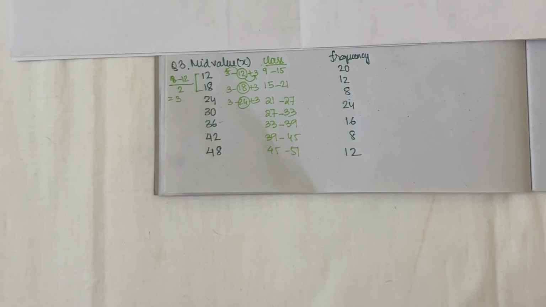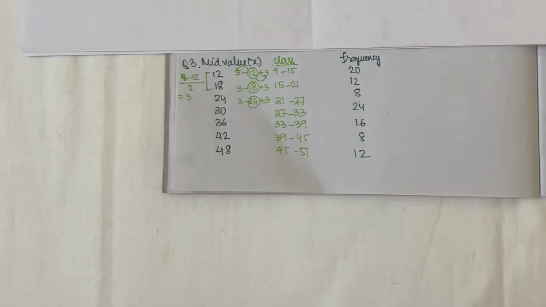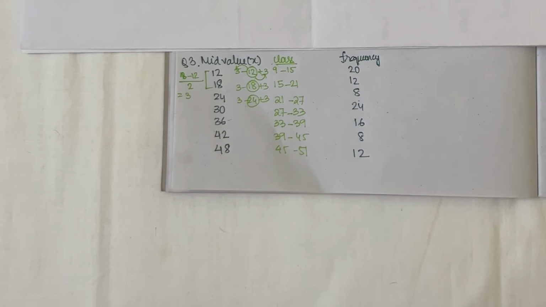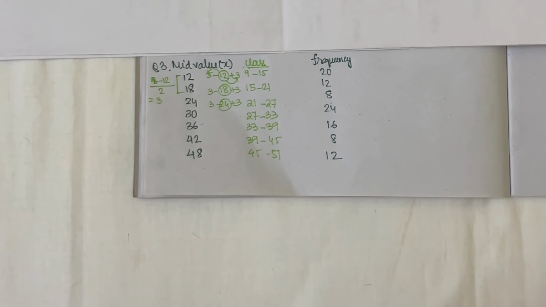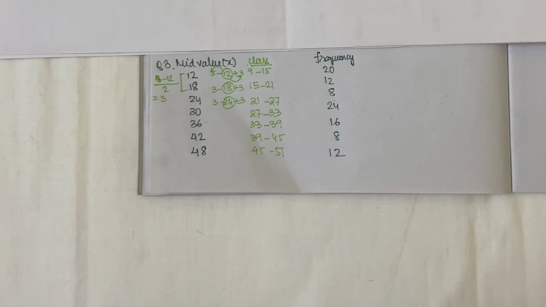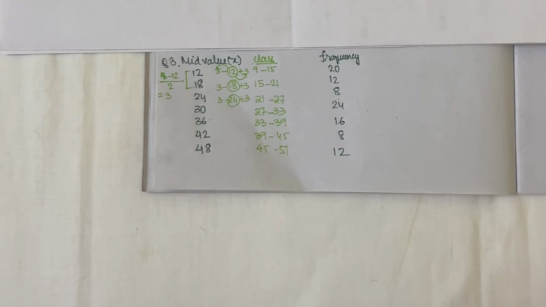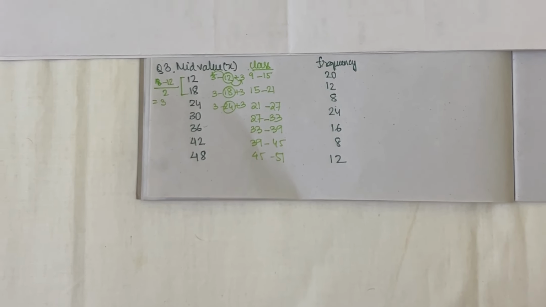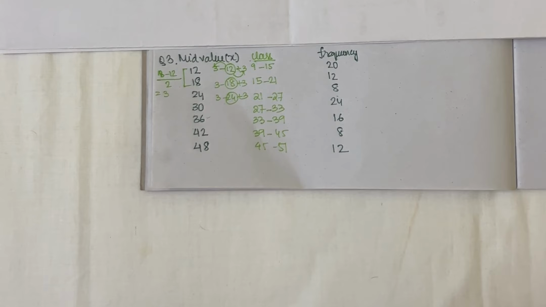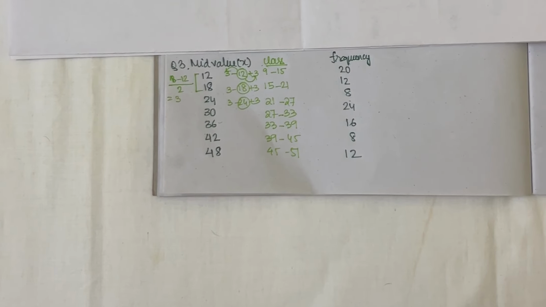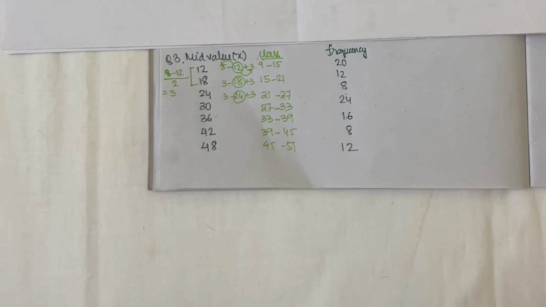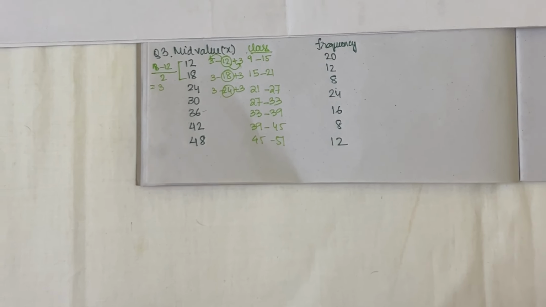Now from 12, on the right hand side for the upper class, we add 12 plus 3, and for the lower class we subtract 12 minus 3. So we get 9 to 15. Similarly 18 plus 3 for the upper class and 18 minus 3 for the lower class, we get 15 to 21. And so on and so forth, we get it for 45 and 51.